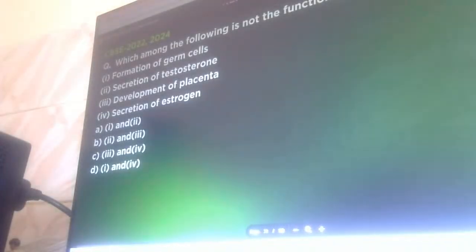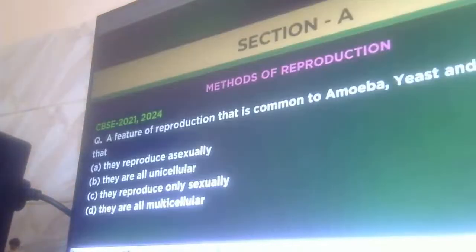Which among the following is not the function of testes at puberty? Germ cells, testosterone, options 3 and 4. Not the function. Reproduction: Amoeba, yeast, Spirogyra. Amoeba is fission; they reproduce asexually and are all unicellular.